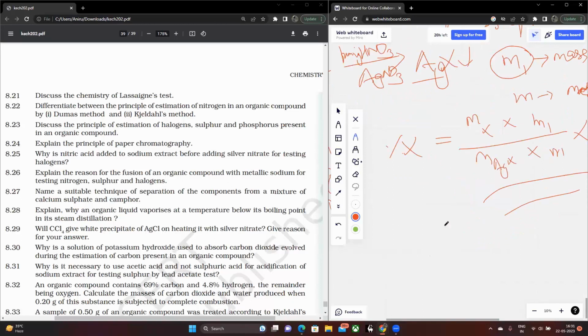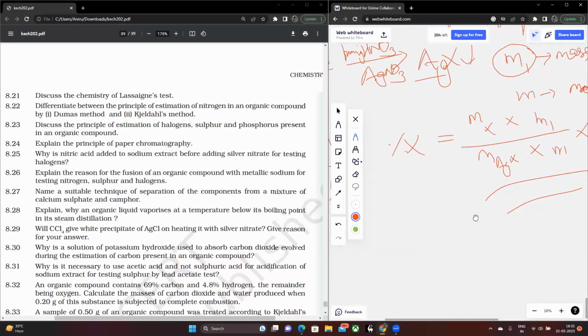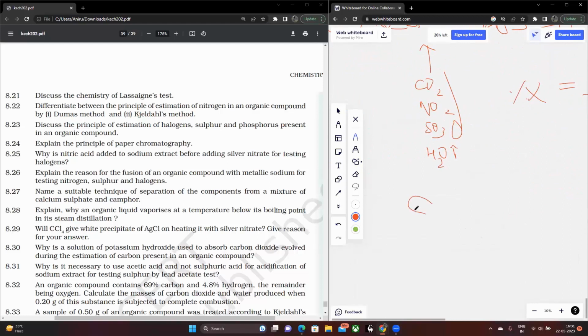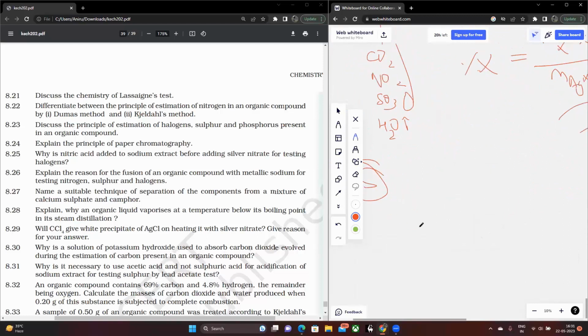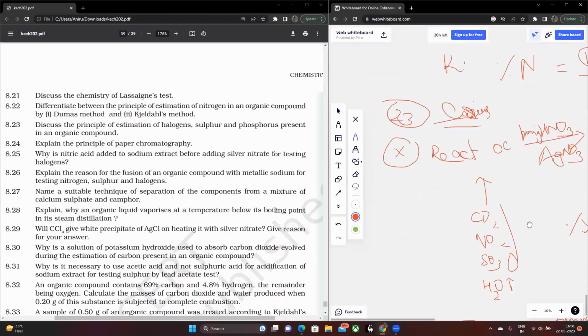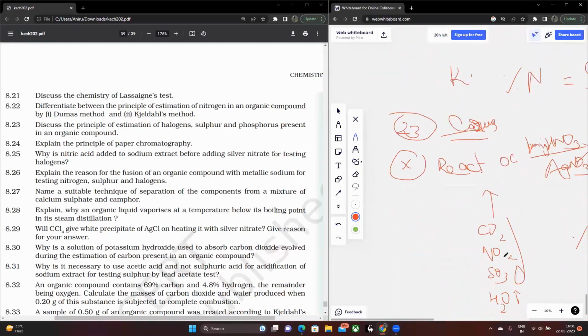That is for halogens. For sulfur, the same Carius method carries over. You react the OC with fuming HNO3. You get H2SO4. Here you won't have AgNO3. You will actually separate this out, and then you'll perform the Carius method.